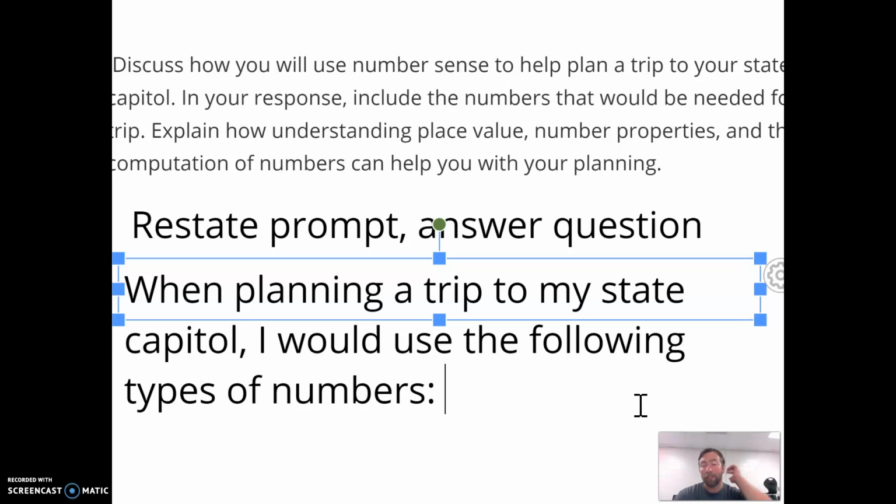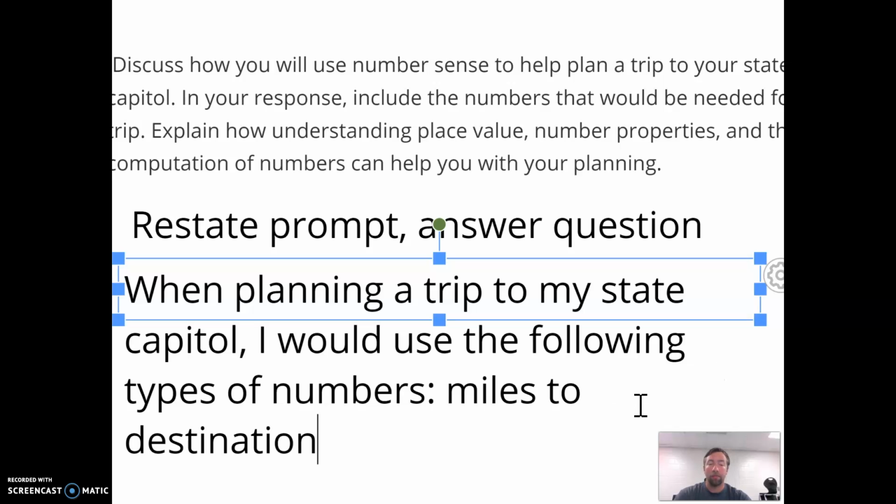So let's see. If I'm driving to the state capital and planning a trip, one thing I'm going to care about is the miles to destination. I would not suggest you copy this directly. I'm trying to sort of give you some stuff to get you started. So don't copy what I have. Hopefully use this as a suggestion to launch for yourself, because this is not necessarily exactly what you would want to do.